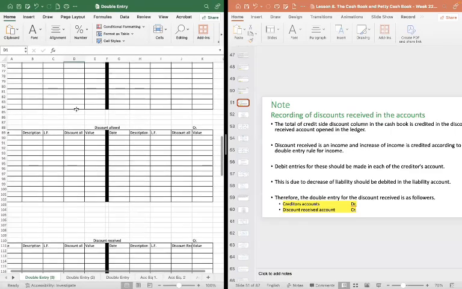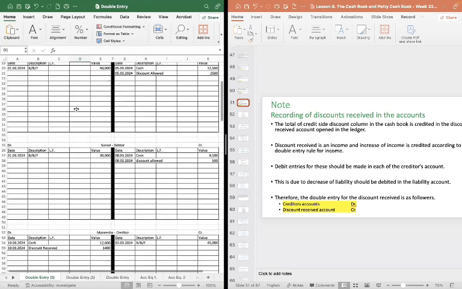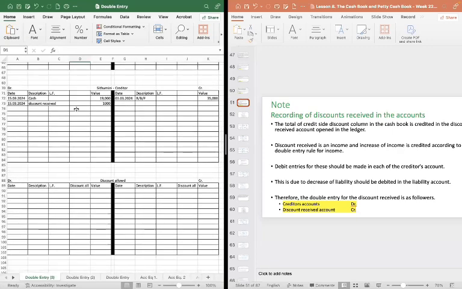Guys, tell me, discounts allowed, is it an expense or an income? We have given a discount. Expense, exactly. I was supposed to receive something, but I gave it as a discount, so it is an expense to me.